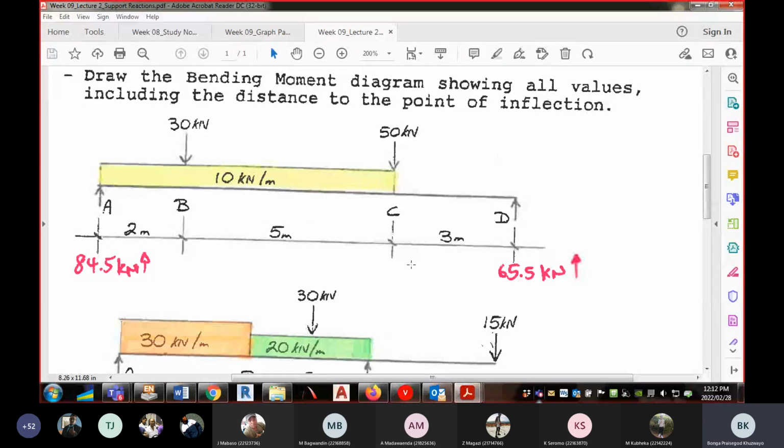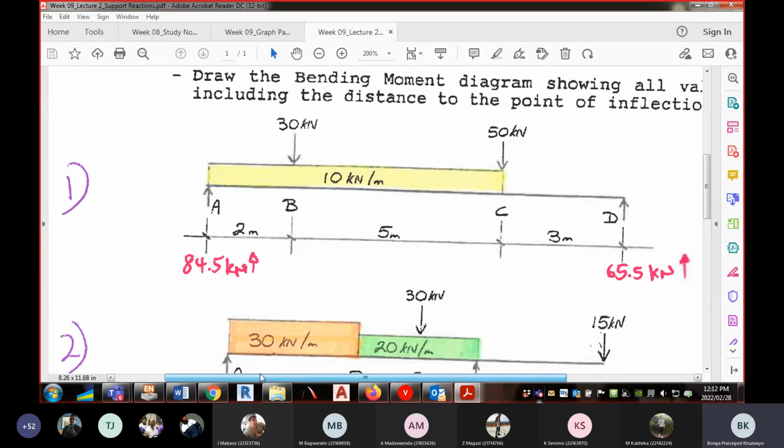I know exactly how to do it because we're going to use those reactions to draw shear force diagrams. So this is question 1, and these are the support reactions at node A and node D. Now I need to decide on the scale.